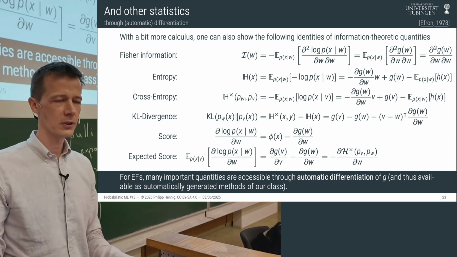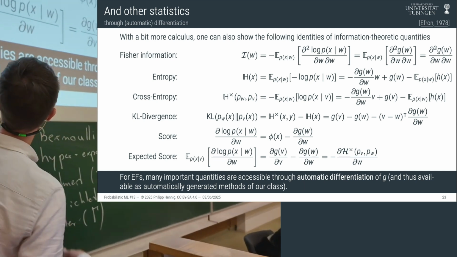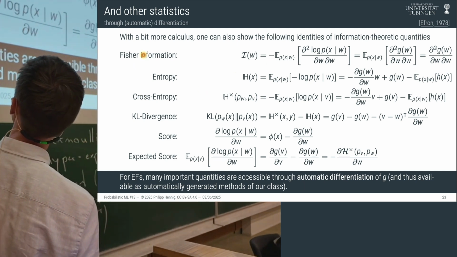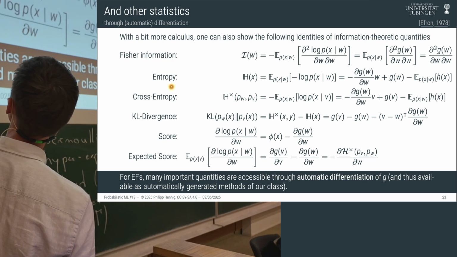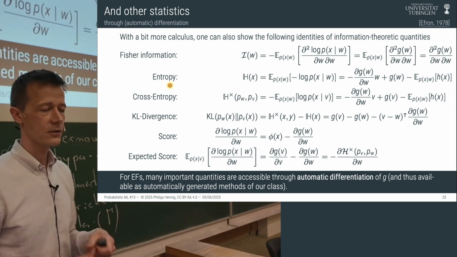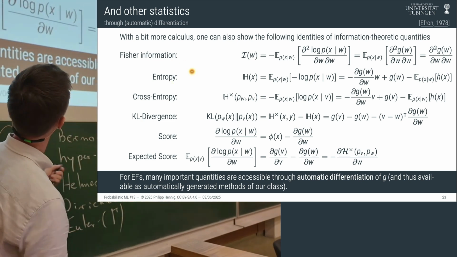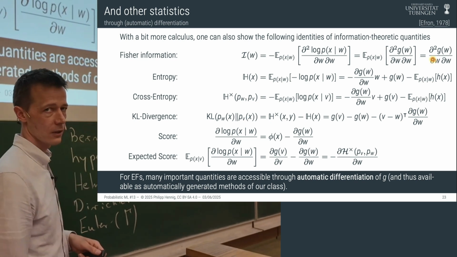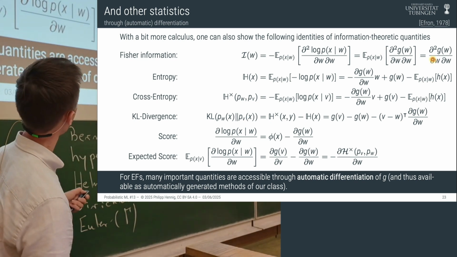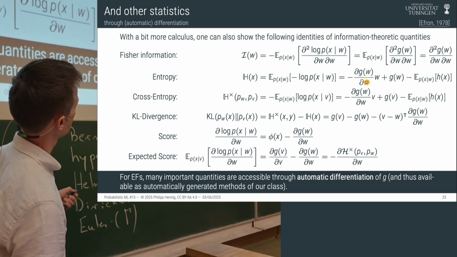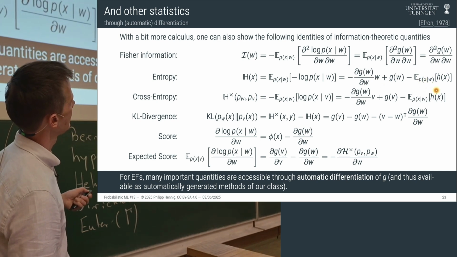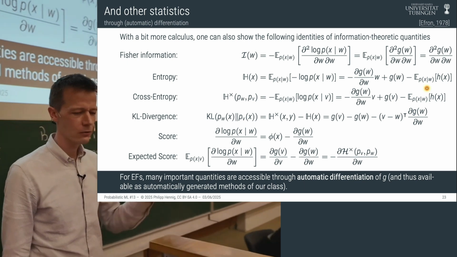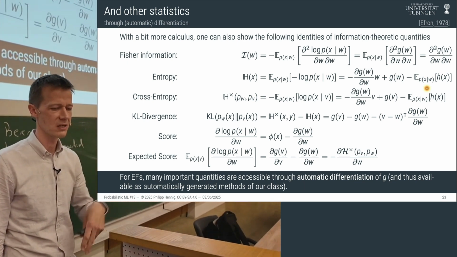So without doing the derivations, let me just tell you that the Fisher information matrix and the entropy of an exponential family are tractable. They involve just computing second derivatives of the log normalization constant, or derivatives of the log normalization constant plus the log normalization constant minus the expected value of the carrier measure. But you get to choose the carrier measure, so it's usually a very easy integral.